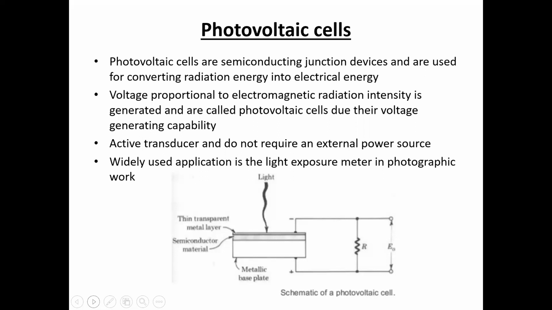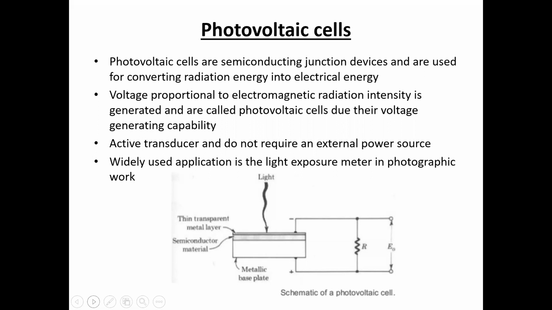These are actually active transducers because they don't require an external supply voltage, whereas the other optical transducers which have been discussed today require external voltage for operation, so that the change in a particular quantity, suppose current or voltage, can be observed, or to provide the necessary excitation.